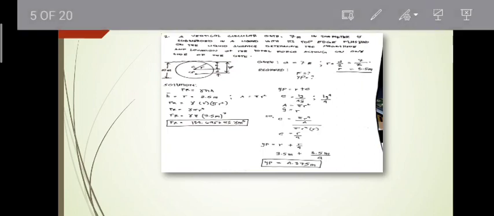Area equals pi times R squared. Then y bar equals R. So e equals pi R raised to the power of 4 over 4 over pi R squared times R. Then e equals R over 4.